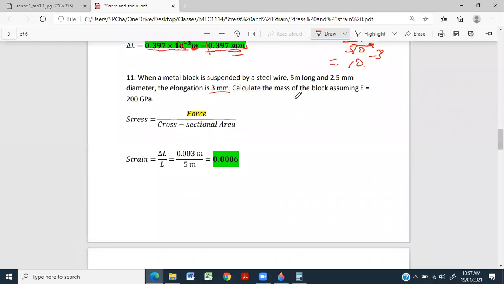Calculate the mass of the block assuming E to be equal to 200 gigapascals. So now, a few things are different, but you guys should be able to figure it out, right? So take, let me say, 10 minutes, work this question out, and tell me if you have any difficulties along the way. All right?